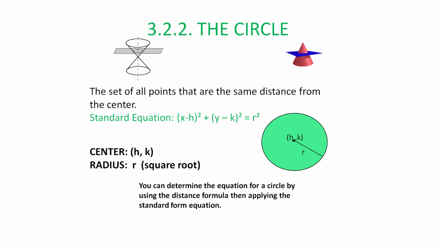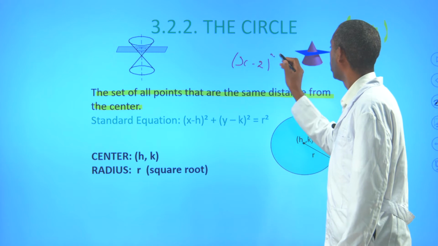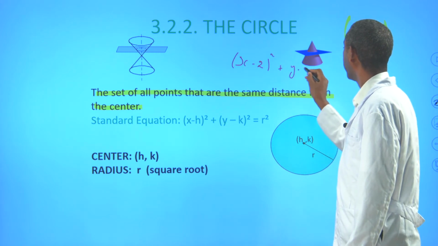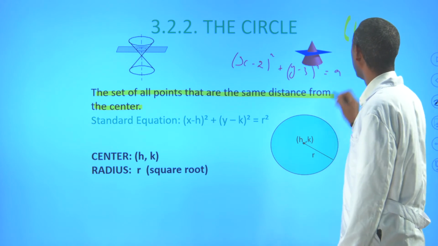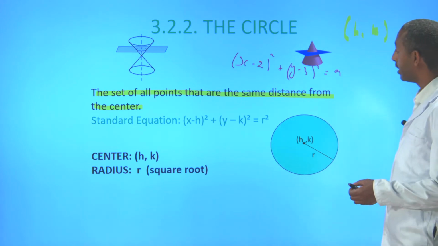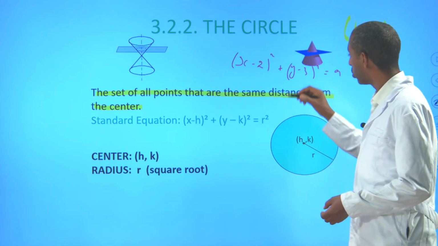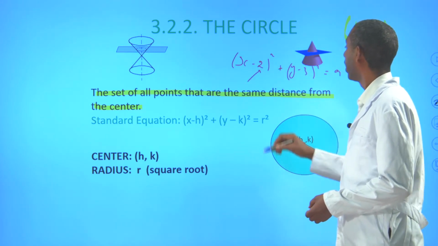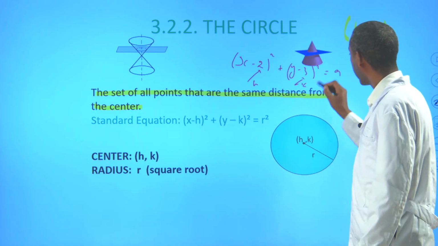If I have this equation, let me say (x minus 2) squared plus (y minus 3) squared is equal to 9, and you are asked to find the center and the radius of the circle, what we are going to do is, this is h, and this is k.